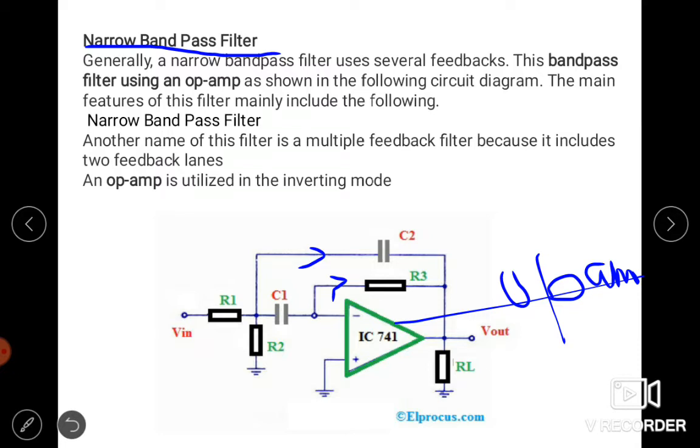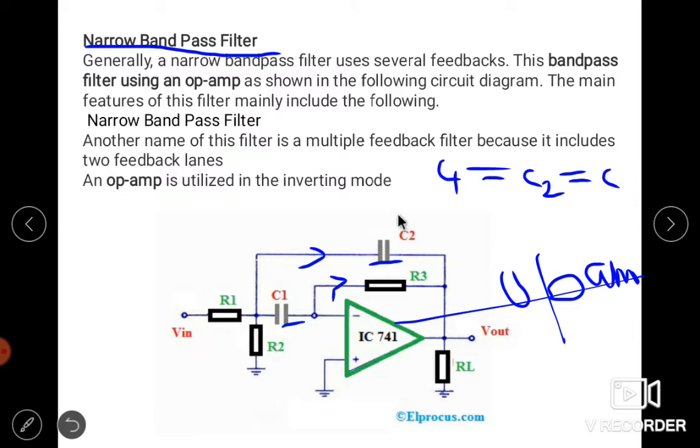The circuit components are determined from the following relationships, and for simplification of the design calculation, the capacitors C1 and C2 may be taken as equal to C, so C1 is equal to C2.